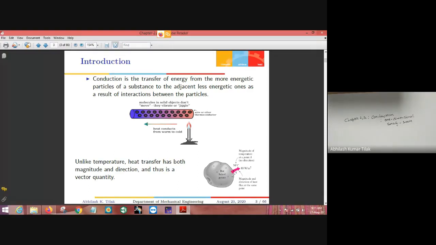For temperature at a particular point you can just tell the magnitude; there is no particular direction associated with it. But heat transfer has a magnitude along with a direction, whether it is entering into the system or leaving out of the system. Therefore, we must specify both direction and magnitude in order to describe the heat transfer completely at a point.